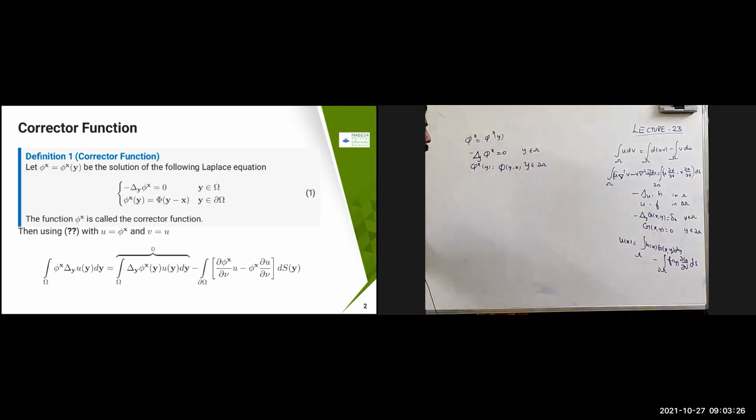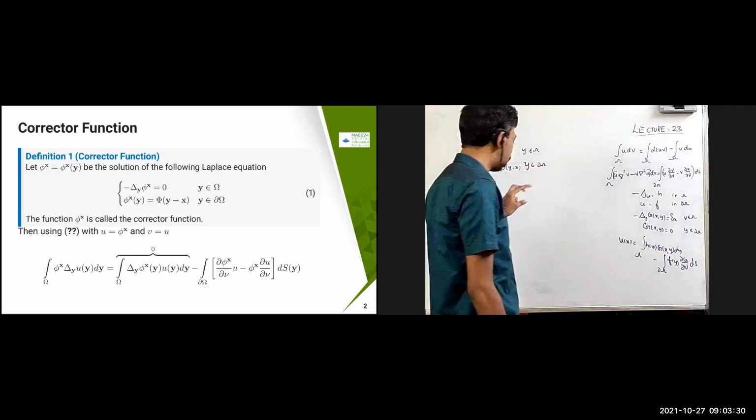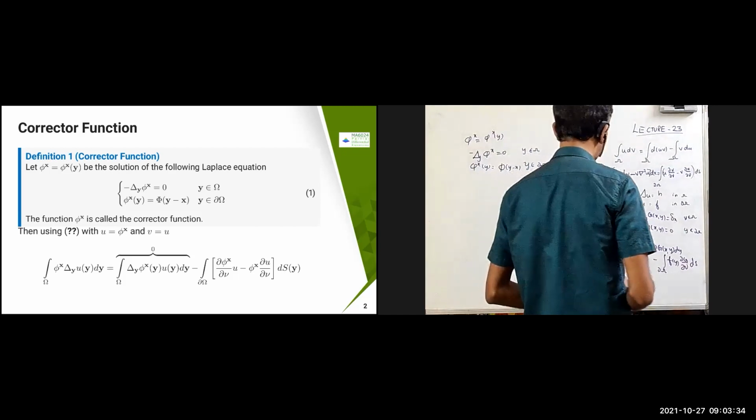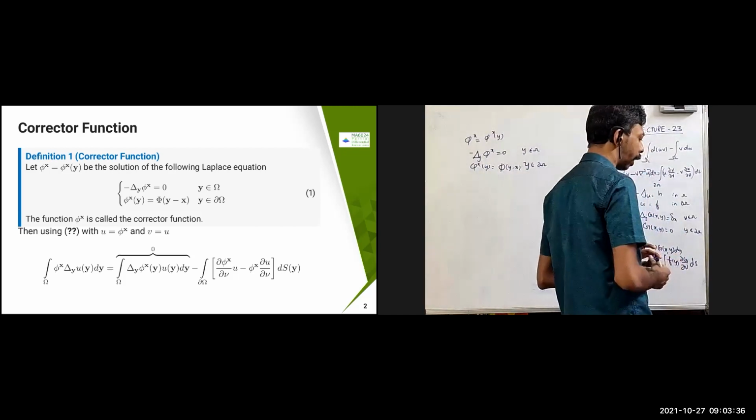Using this corrector function, we are going to solve this problem, and then we are going to get the answer for that.